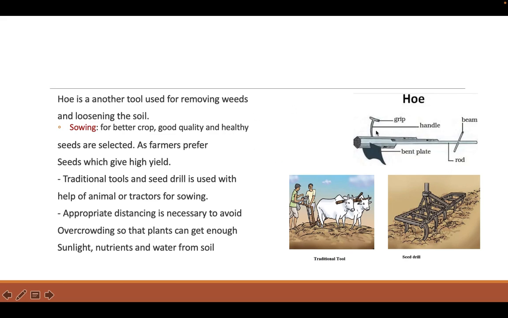And this image is mostly what we discussed earlier, how a hoe is used for removing weeds. There are various types of hoes, but this is just one category, used with the help of an animal to remove weeds present in the field before sowing.